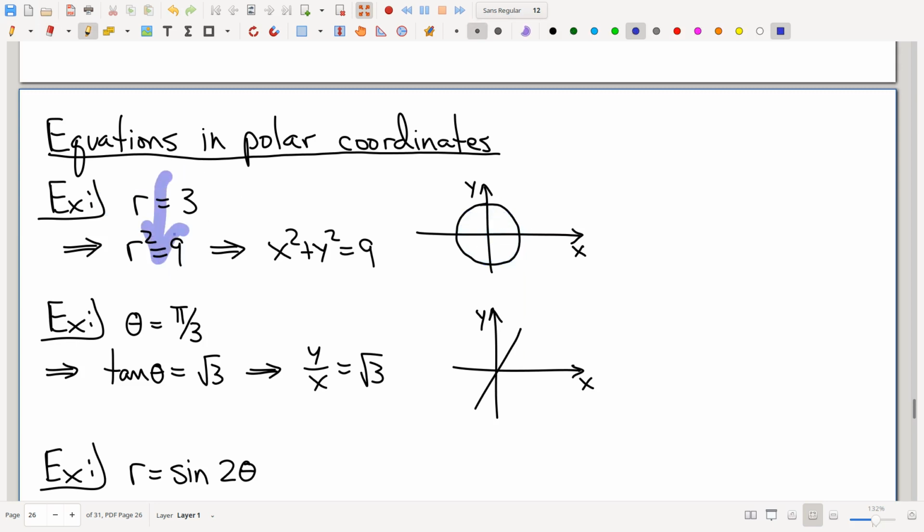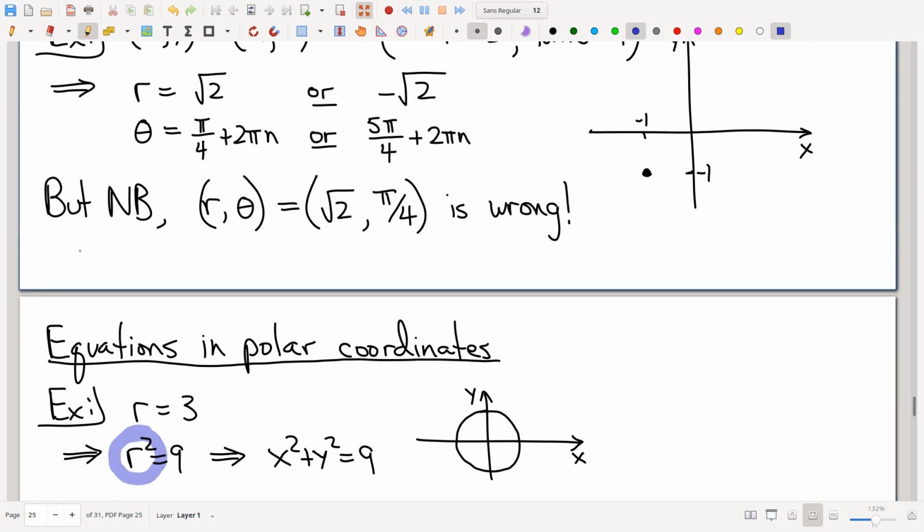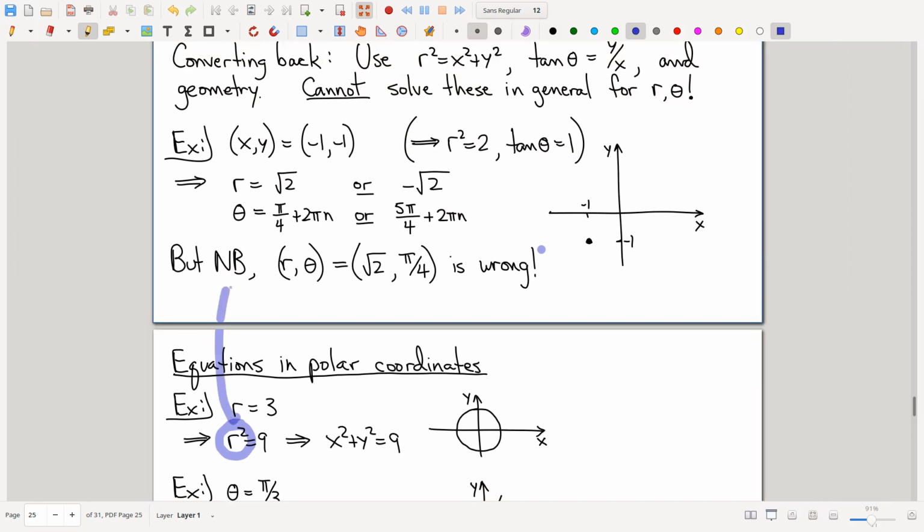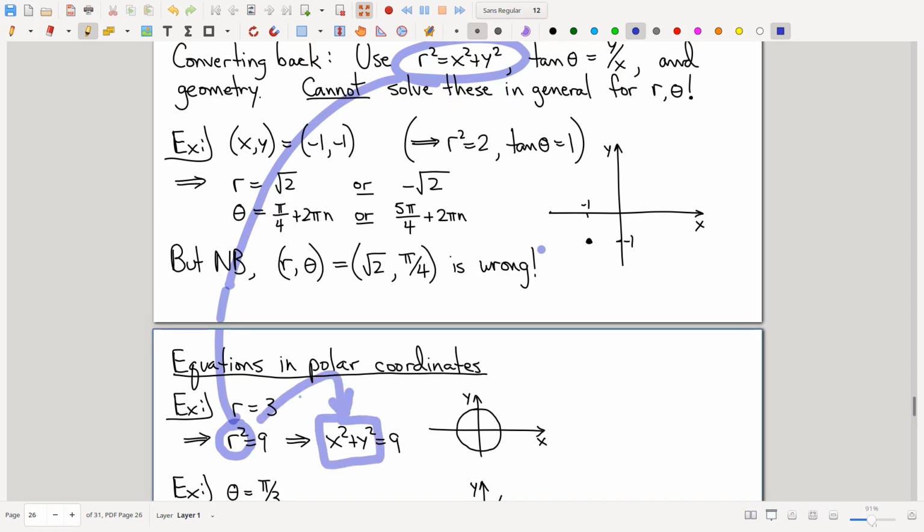If you square both sides, then we get an expression that's familiar, an expression that I can easily turn into rectangular coordinates.